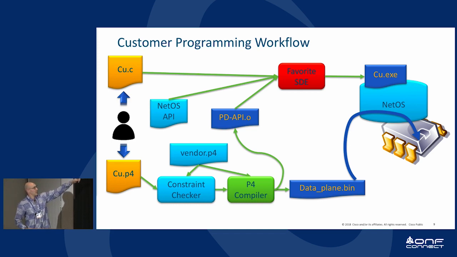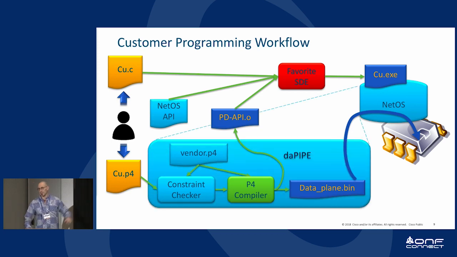Then that control code will be compiled, using also the libraries that were generated by the compilation, and executed in this example directly on the switch, on the operating system. But as I said, it could also be executed remotely, so the control can also be remote. And the bottom part is what is being done by the development environment: verify constraints, merge the code, compile it, and load it on the switch.